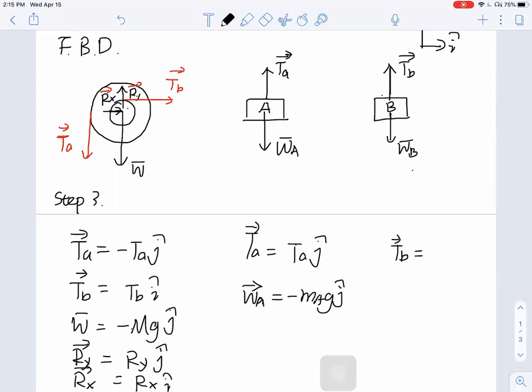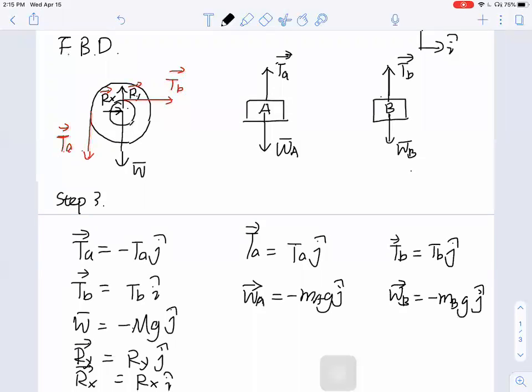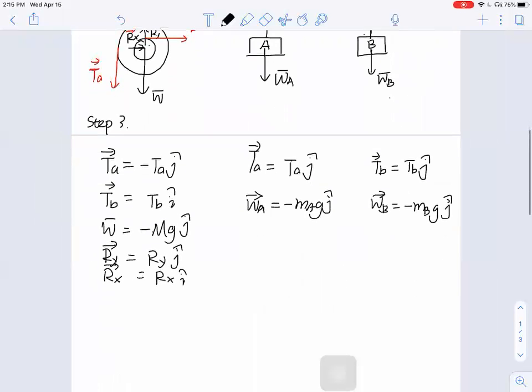Now our TB is pointing in the positive J direction. Our WB is negative MB G J. Okay, so that's how I finished step 3, the forces in vector form for each rigid body.